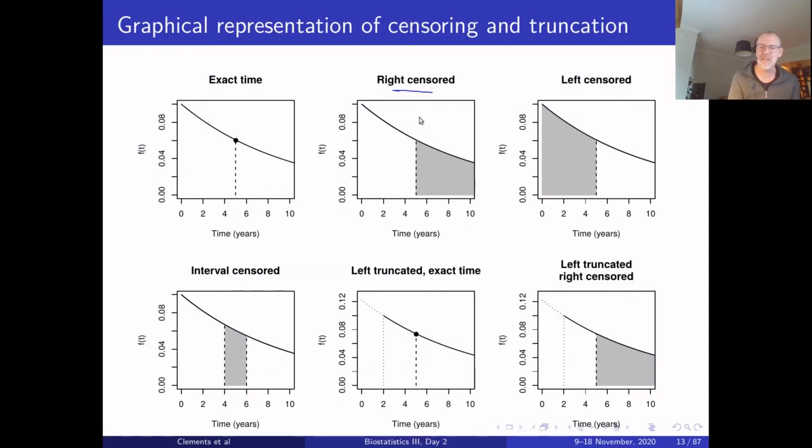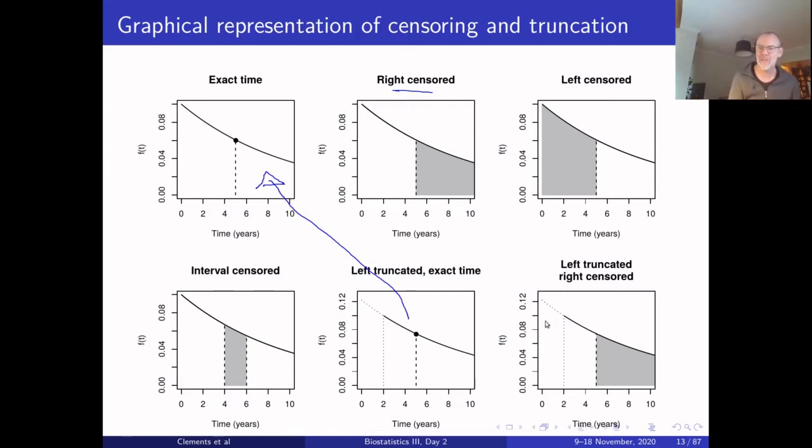Left truncated with exact times. What we have here is a conditional distribution. This individual entered the study at 2 years, and then they had an exact time at 5 years. Now, notice that this distribution is not exactly the same as this distribution, where the left truncated distribution is scaled up.